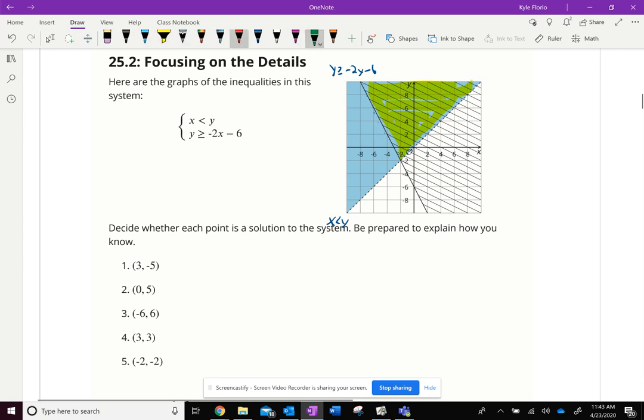So let's see. (3, negative 5). It's going by 2, so 3 is right between 2 and 4, and I go down to negative 5. So that's not a solution because it's not in the yellow area. It's not in the solution set.